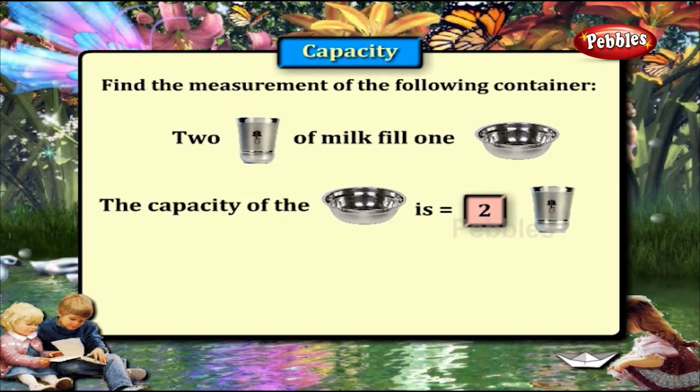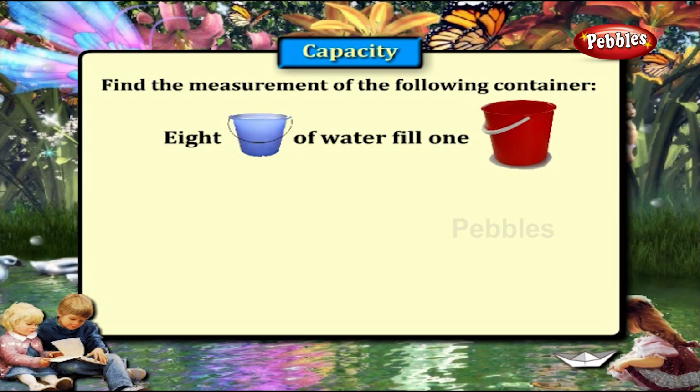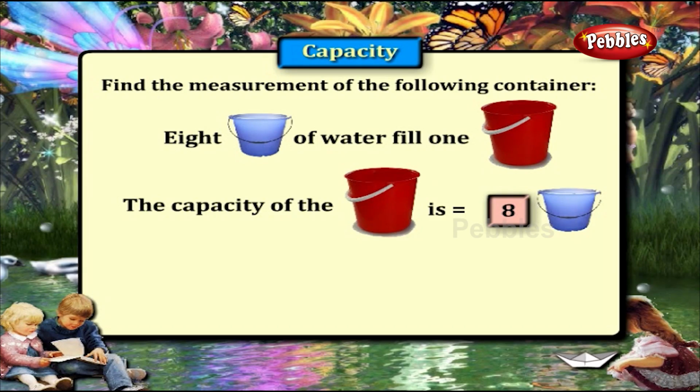The capacity of the bowl is therefore equal to 2 tumblers. Now 8 small buckets of water fill 1 big bucket. So the capacity of the big bucket is 8 small buckets.